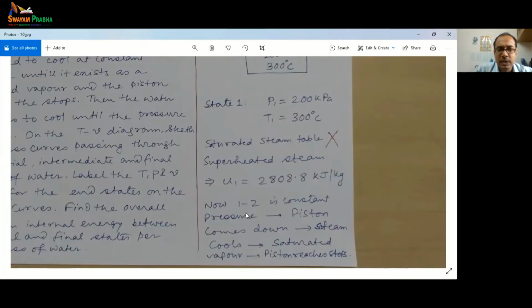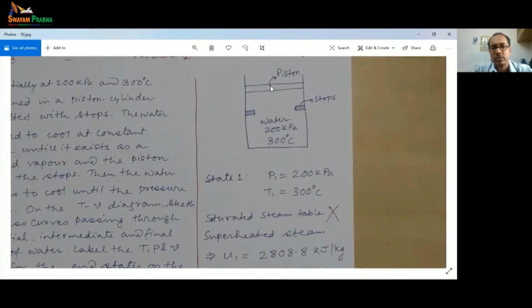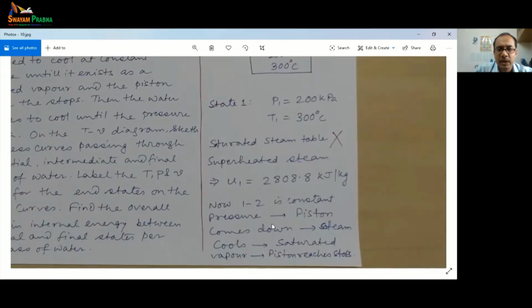Now you see that 1 to 2 is a constant pressure process, because the piston has a constant weight, so it comes down. I mean, it exerts exactly the same pressure. Up to the stops, the process happens at constant pressure. The piston comes down, the steam gets cooled, and you reach saturated vapor.